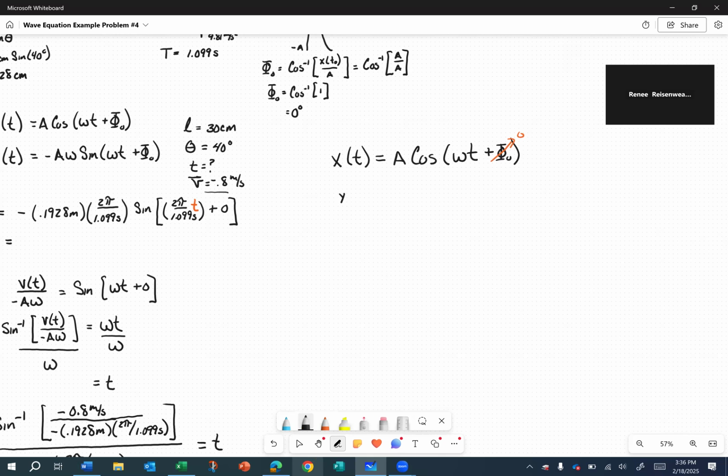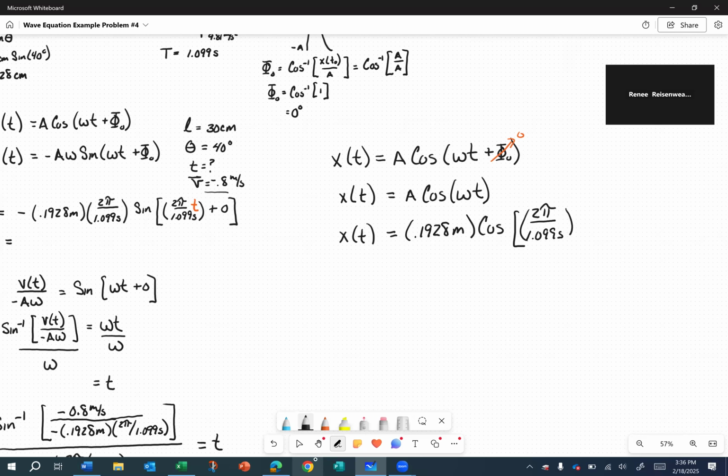So my position, x of t, is equal to A cosine omega t. So we're solving for that position. My amplitude remains the same, 0.1928 meters, times cosine of 2 pi divided by 1.099 seconds times 0.142 seconds.